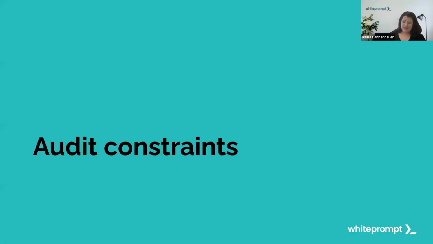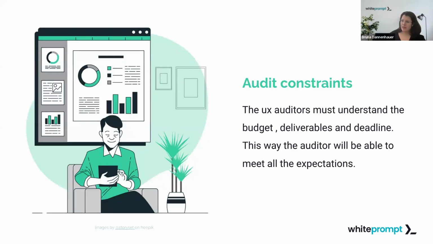Audit constraints, right? It's an important part in the sense that the auditors must understand the budget, what is available, what is the deadline, because this way we can better measure what we should do and how long we have to make this analysis.